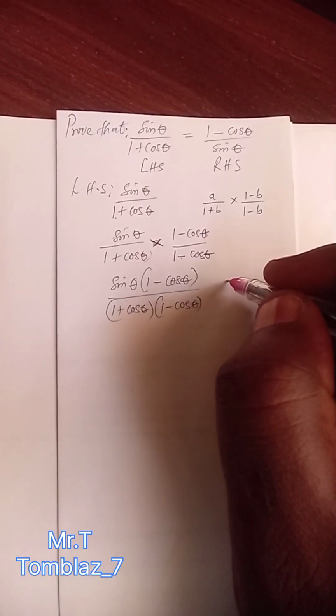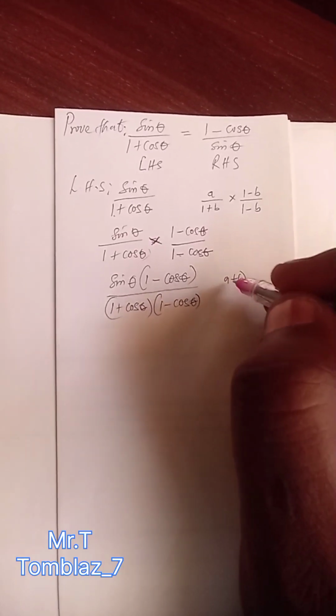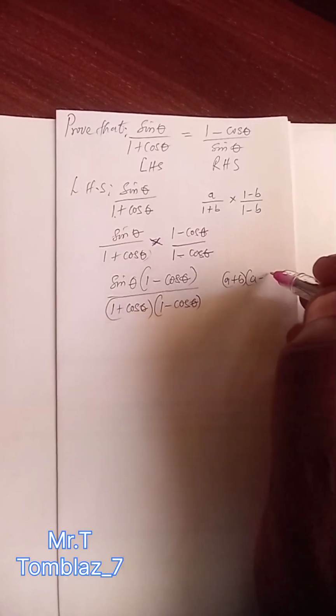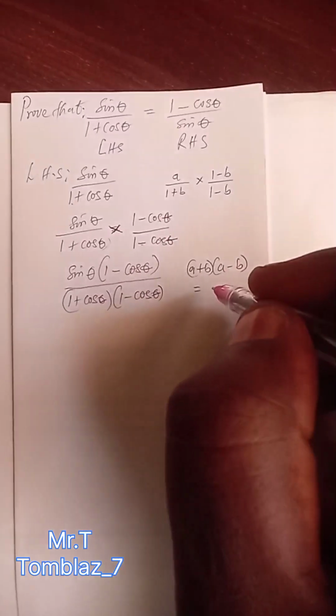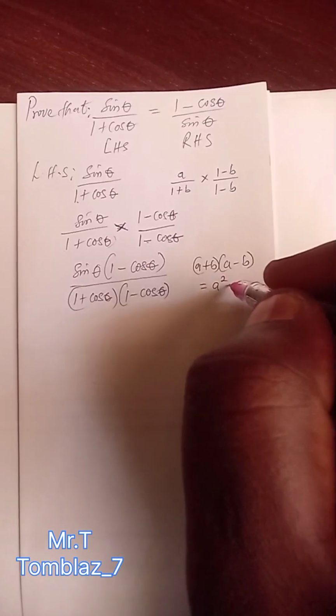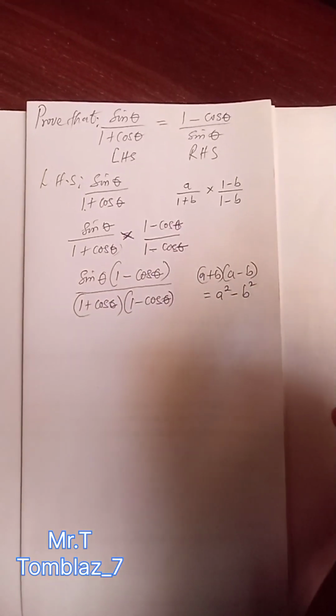Does it not look like a plus b into a minus b, which I explained in the first video that it will be a square minus b square? Do we remember?